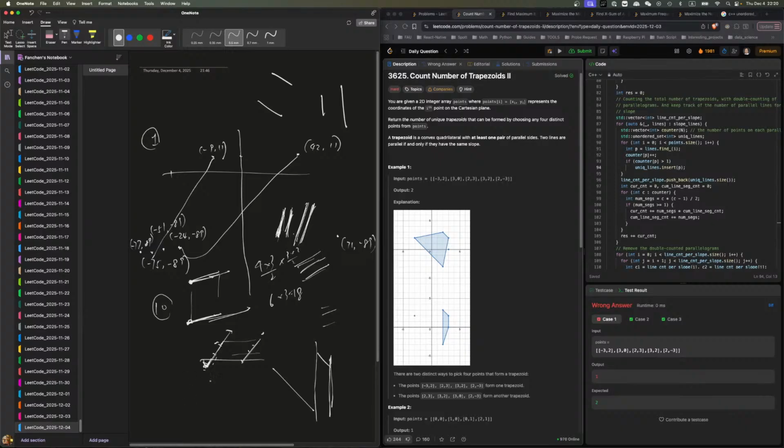So basically we have this, right? This is the case that our thing cannot work, because we'll count this and we'll count this. It's supposed to be 1, but we count it twice.